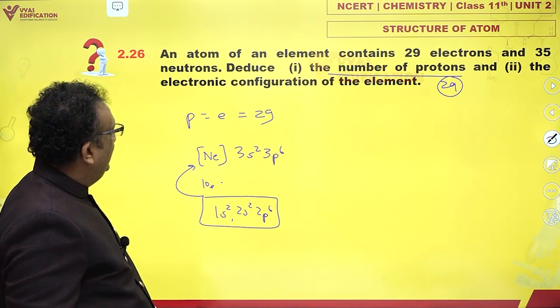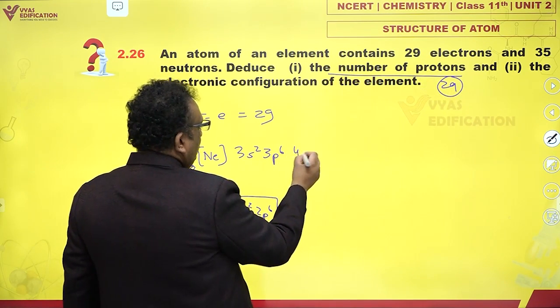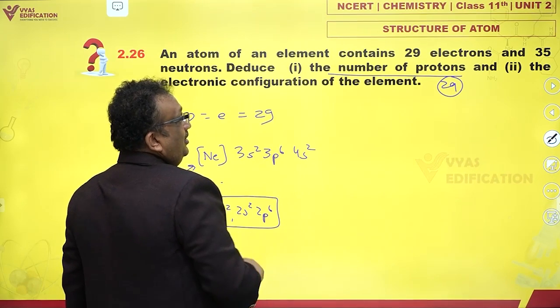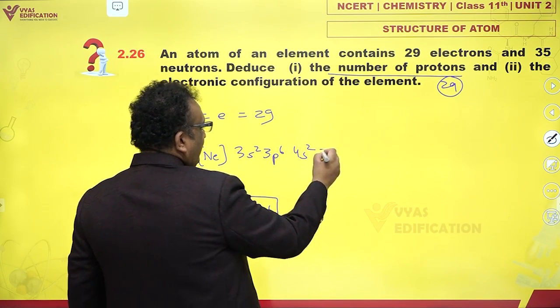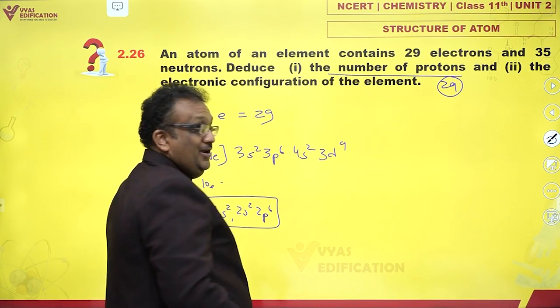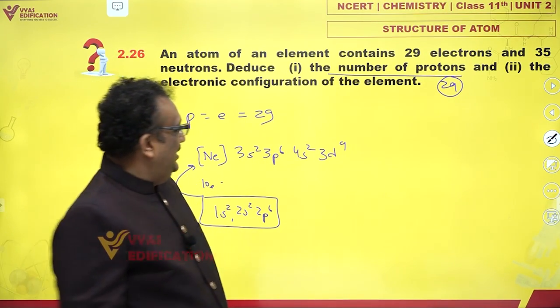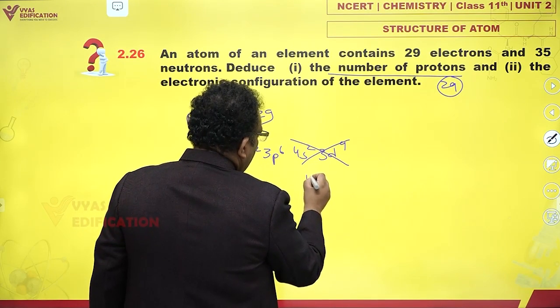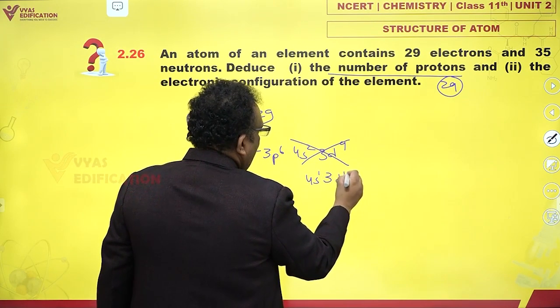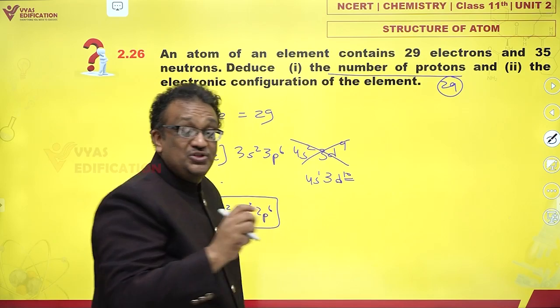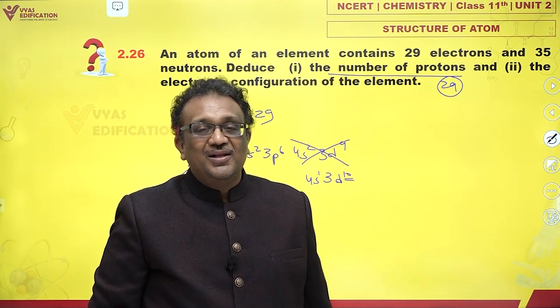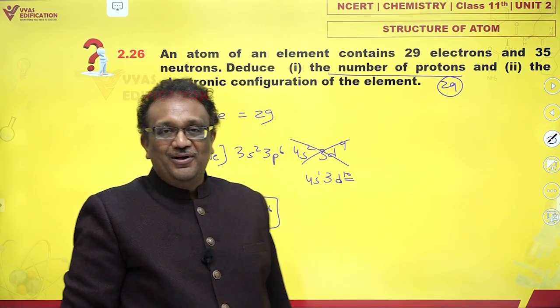We have 18. Now 4s2, we have 20. And then we should have 3d9. D orbitals were about to be filled. There is an exception. Instead of this, I should write it as 4s1, 3d10 because there is extra stability associated with fully filled d orbitals. This is copper we are talking about.